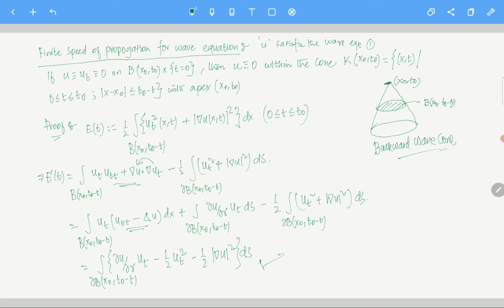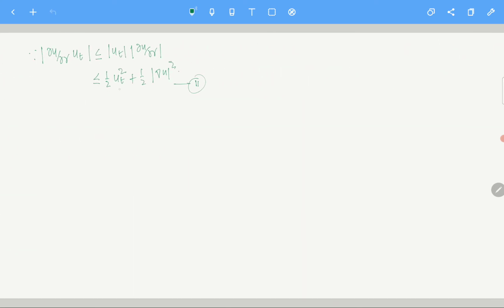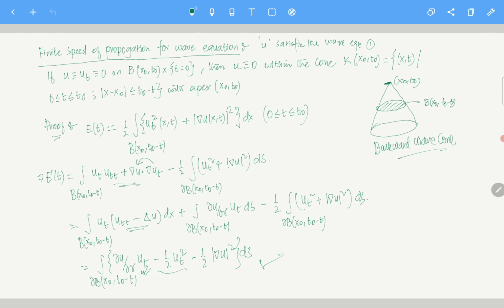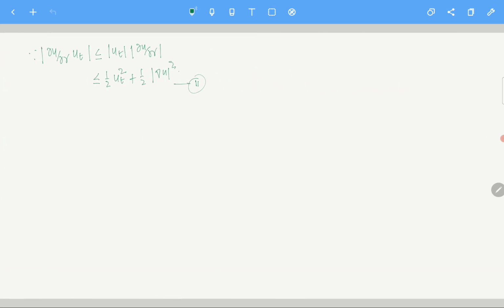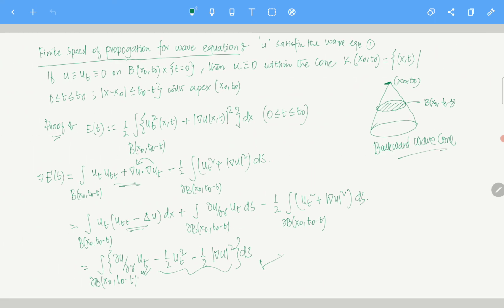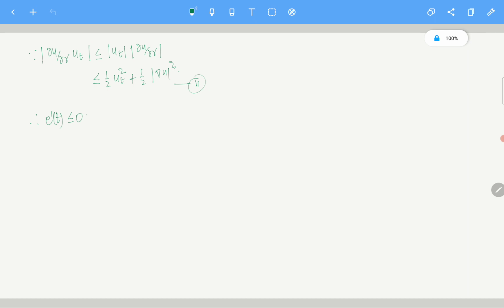This term ∂u/∂γ u_t is dominated by half of u_t square plus half of gradient u square. That gives us, therefore, E prime of t is less than or equal to 0. It is always dominated by that. So E prime of t is less than or equal to 0, and therefore E of t is less than or equal to E of 0.